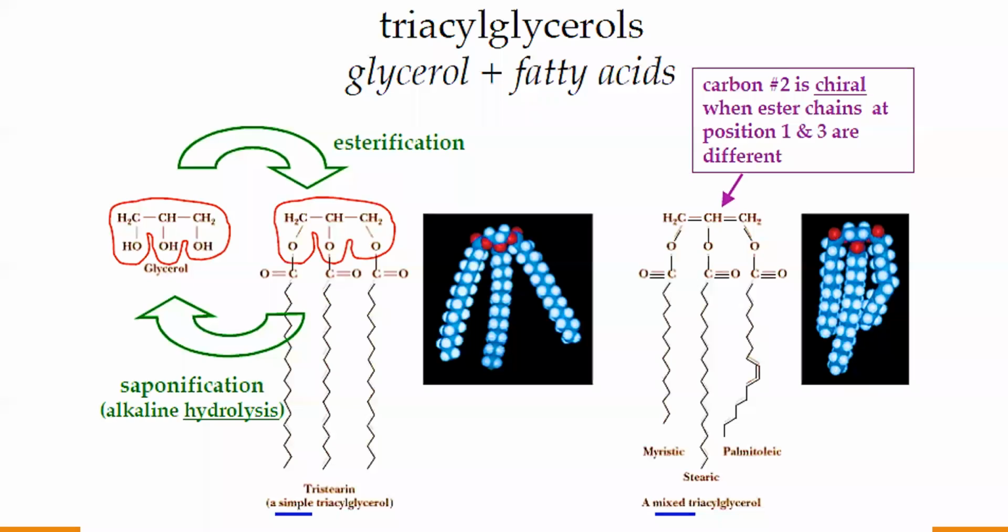One structure will be the mirror image of the other. So you have your mixed triglyceride, but when the chain lengths in carbon 1 and carbon 3 are different, this carbon becomes chiral. But when they are the same, this one is not chiral.